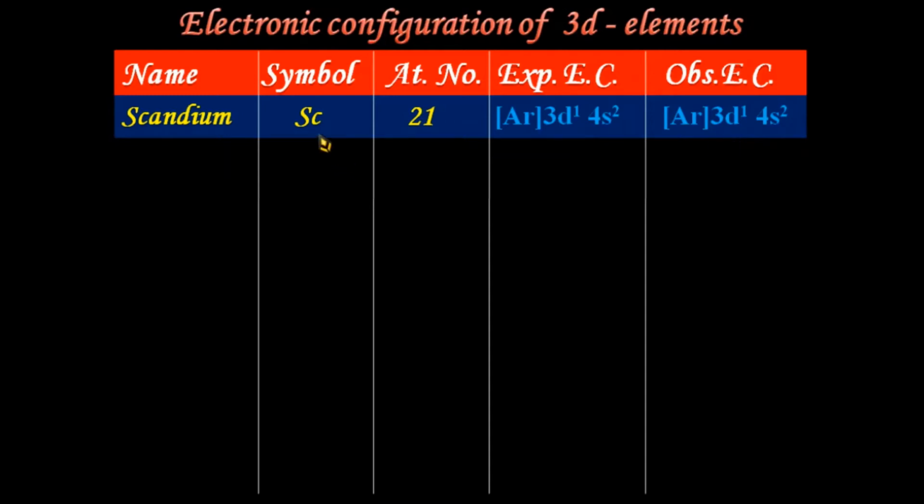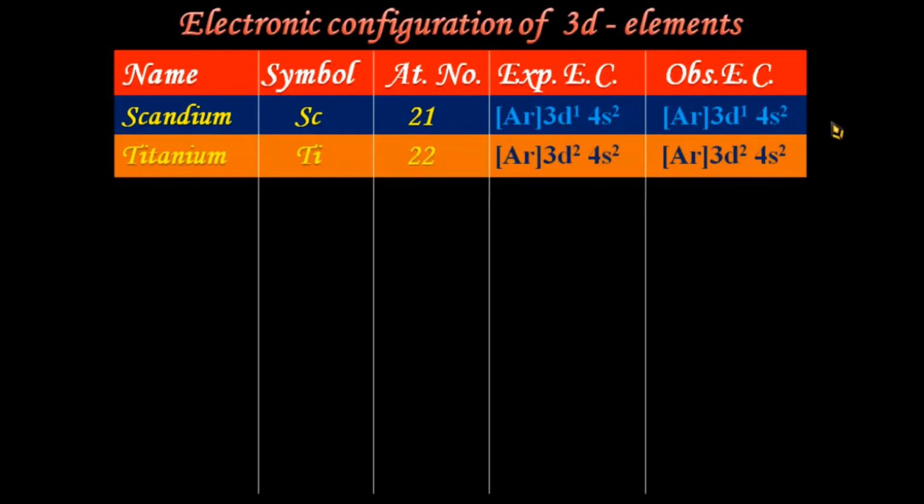Then the electrons of the next 9 elements enter the 3d orbital. This is our last but one shell, n minus 1, that is 4 minus 1, which is 3, and the electron enters the d orbital or subshell. So after scandium, one by one electron enters the 3d orbital.